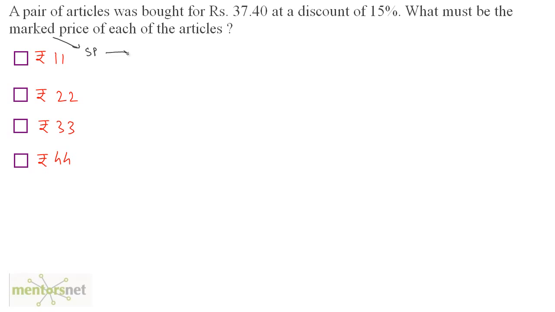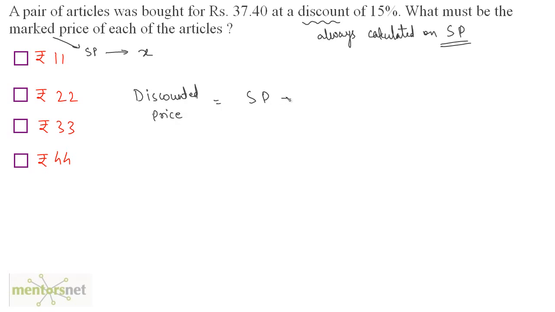So let us assume that this selling price is x rupees. Now discount is always calculated on the selling price. So I can write discounted price is equal to the selling price minus the discount, right? The discounted price is already given to us, which is 37.4. So 37.4 is equal to the selling price, which is x, minus the discount, and the discount is calculated on the selling price.